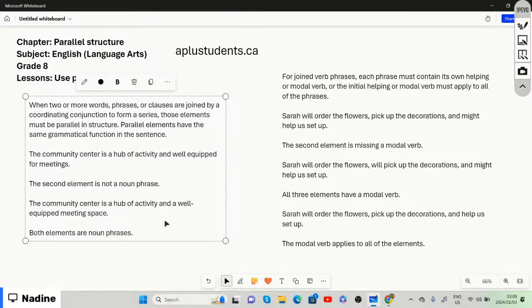And we said parallel elements have the same grammatical functions within a sentence.